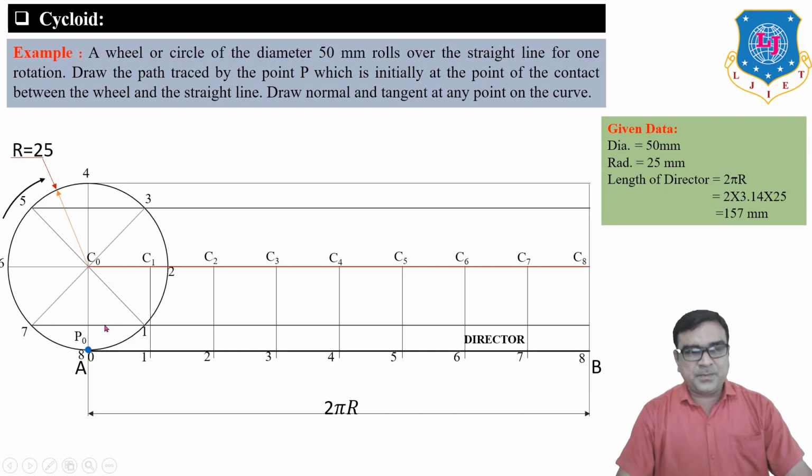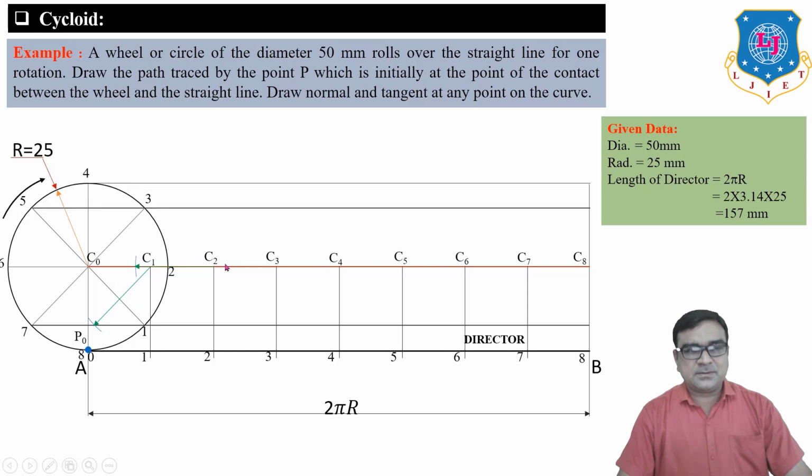So how to obtain the point P on this horizontal line? For that you have to take center C1, 25 mm radius, and draw an arc on this horizontal line which is passing through 1. And that intersection of the arc and the horizontal line is a point of the cycloid.